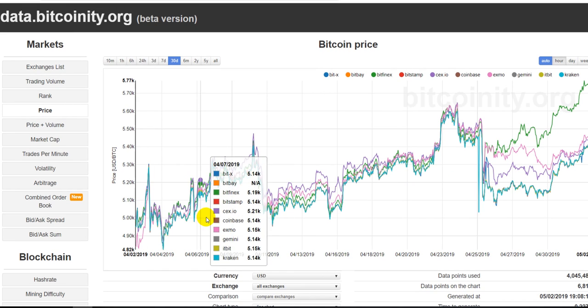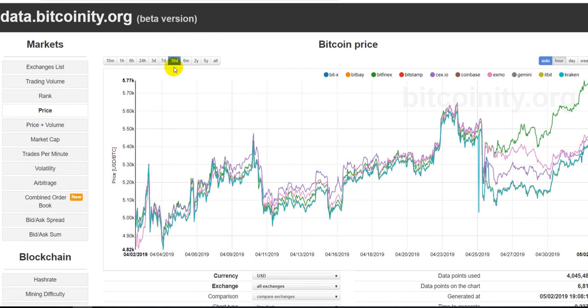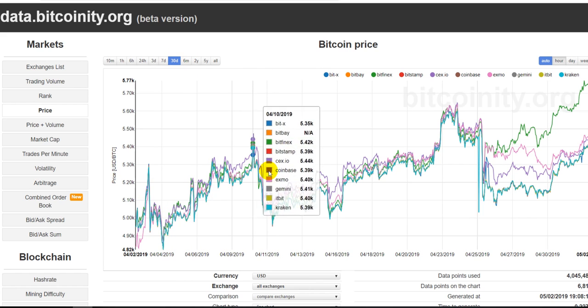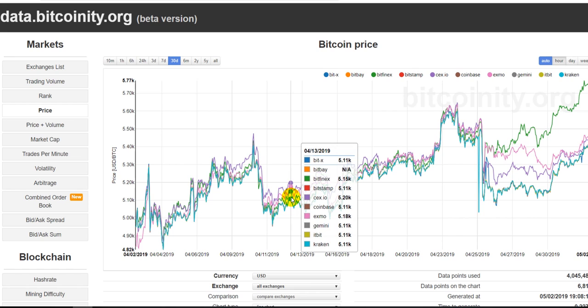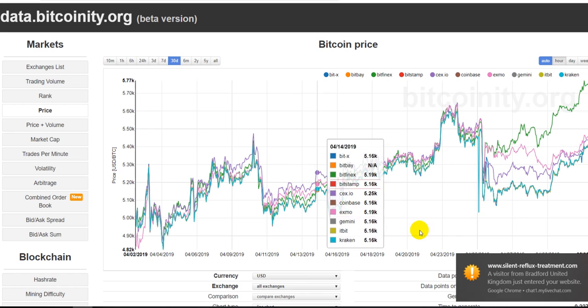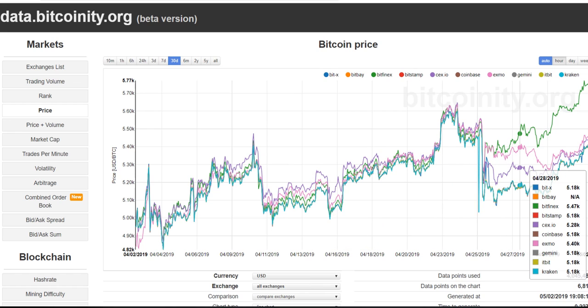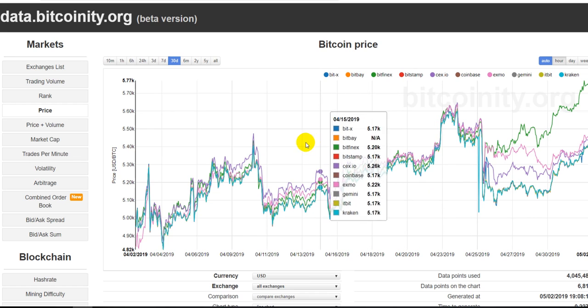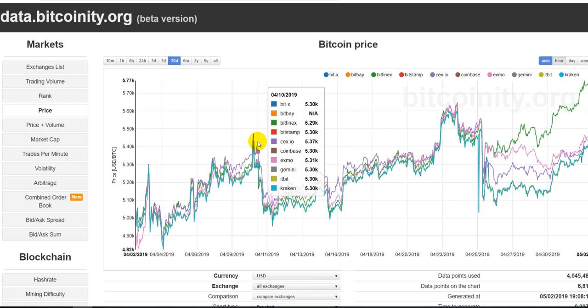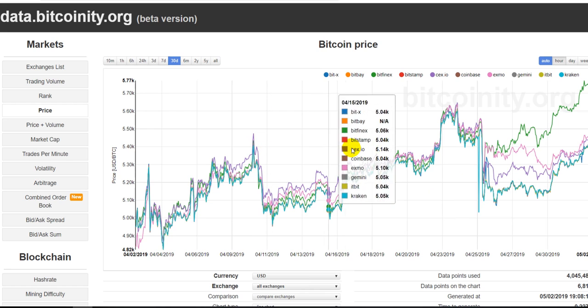Anyway, the very interesting thing is, if you go to the 30 days, which we are now here, you can see the prices are really close. I mean, there is some spread, of course, because there are always some exchanges in specific countries which have no transfer or not enough transfer of fiat currency.